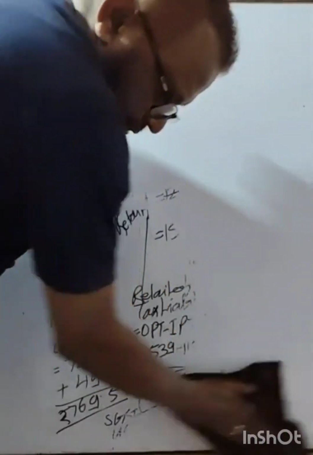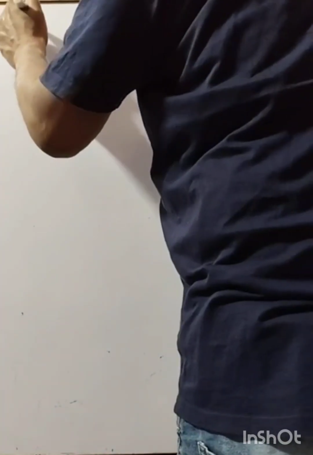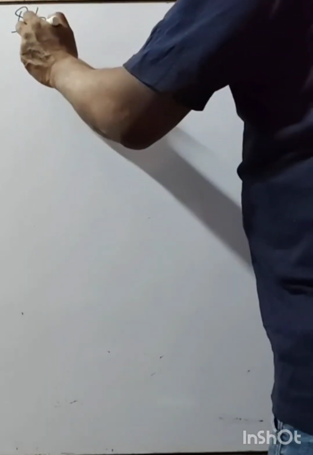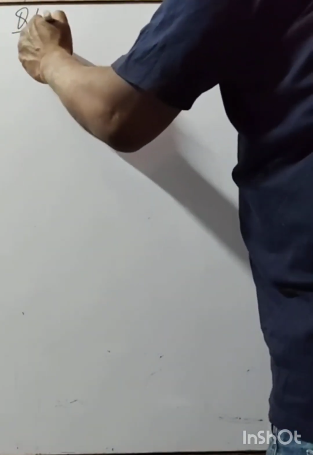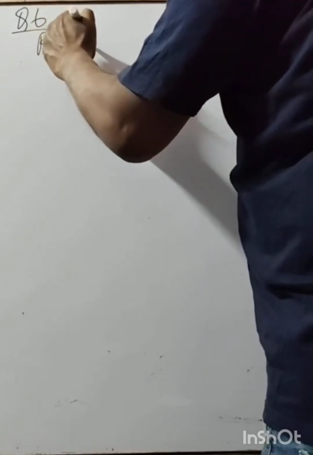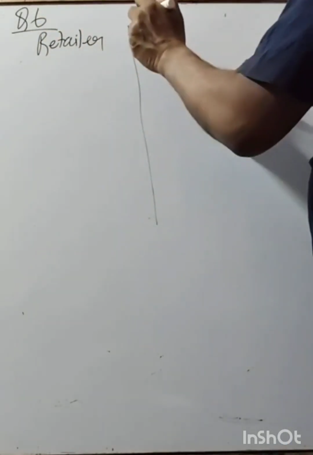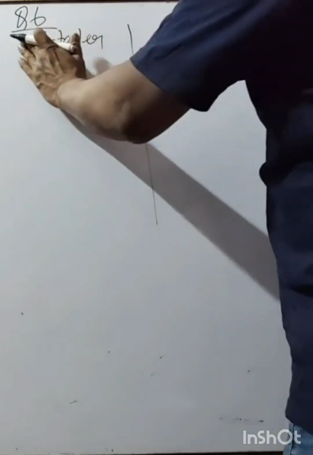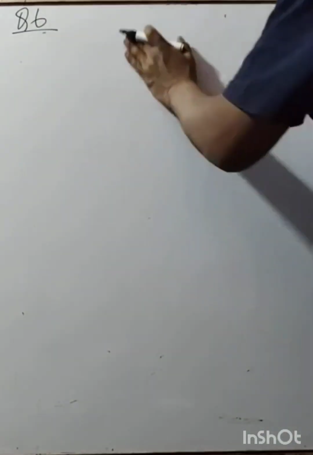What next do you have? A retailer buys a TV from wholesaler. Question number 6. Retailer buys a TV from wholesaler for 40,000 rupees. The chain is long.